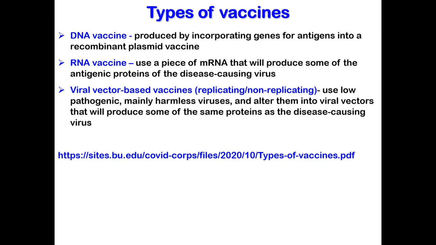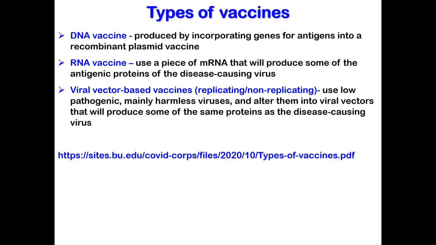And there are two different types of these viral vector vaccines, so replicating and non-replicating. And the only difference is the non-replicating viral vector vaccines can't replicate inside the body, as the key viral replication genes have been deleted from the low pathogenic vector virus.